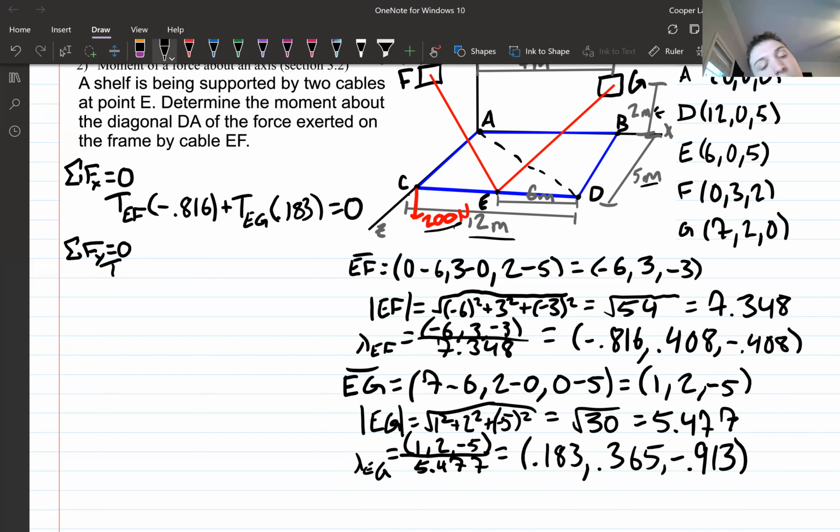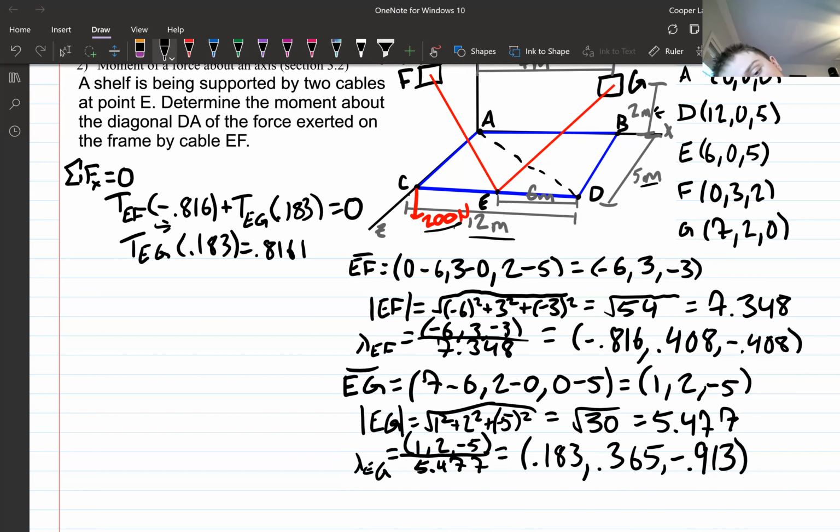Oh, sorry. Oh, my bad. I haven't solved out for this yet for you. So when we do this, we're going to flop the sides. So this is going to go to the other side of the equation, which means I'm going to get TEG times 0.183 equals 0.816 TEF.